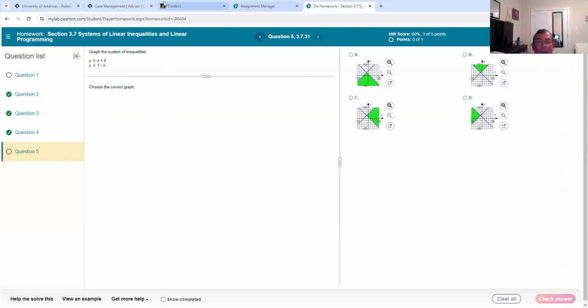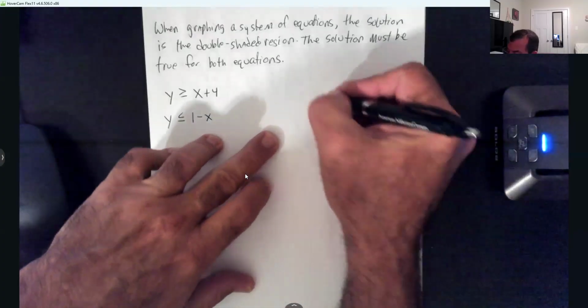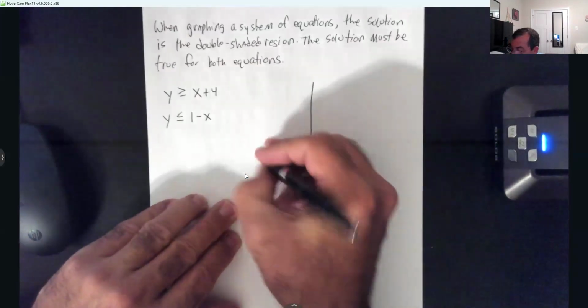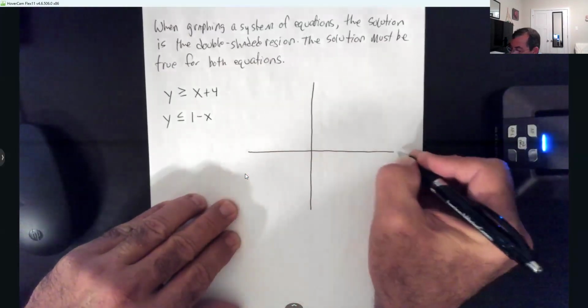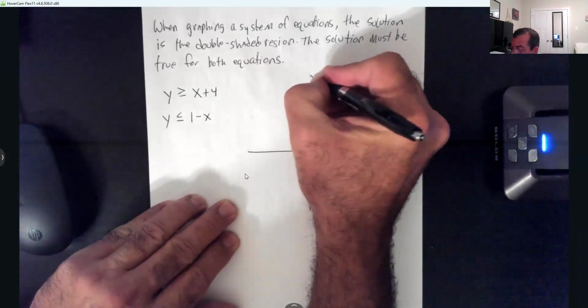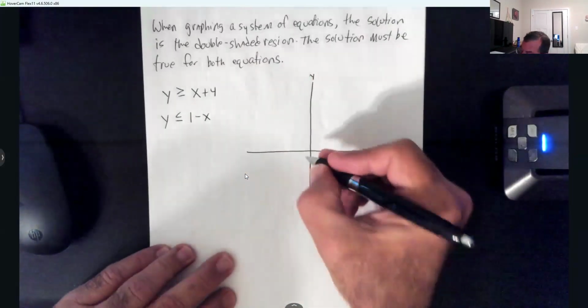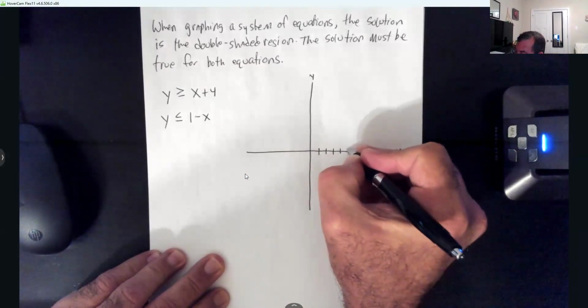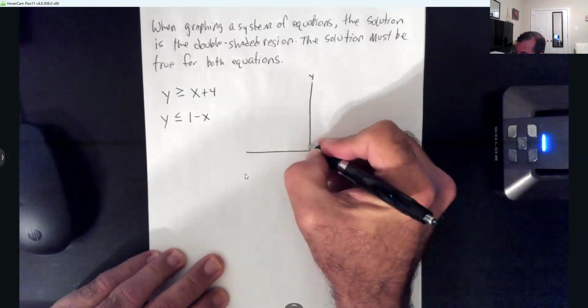So let's go graph this and see where we get our solution. All right, I'll start with 5. I don't know how big I'll have to make this yet.